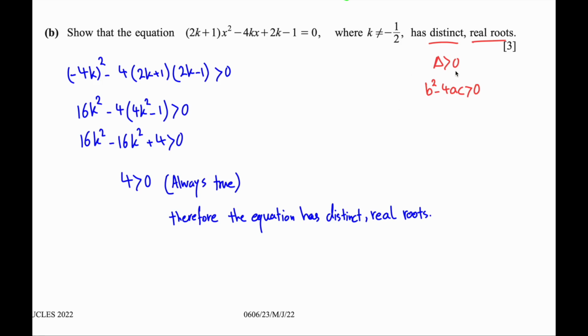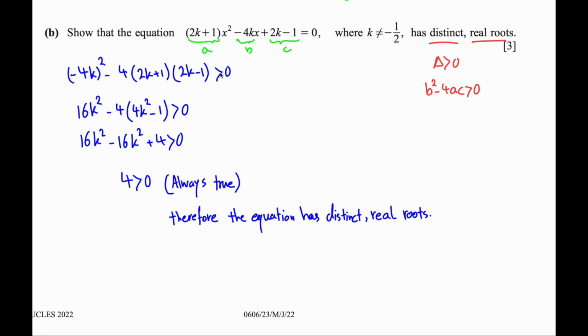And I should not make it equal to 0, because if it's equal to 0, I could have a repeated root.